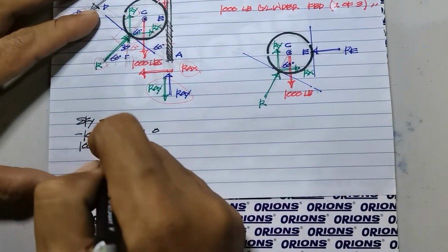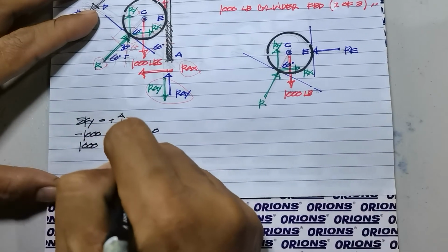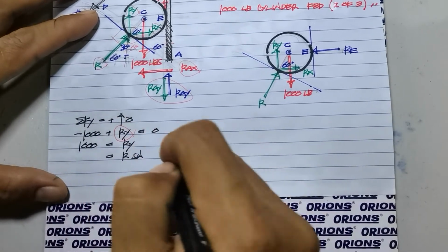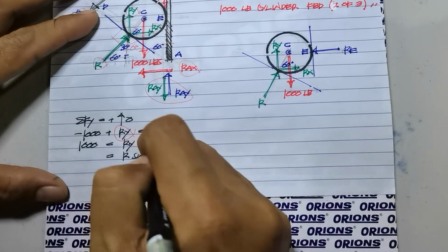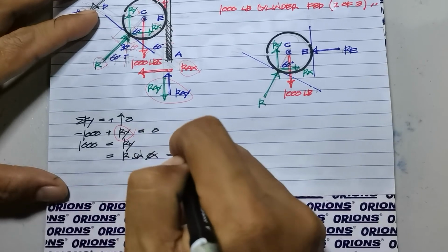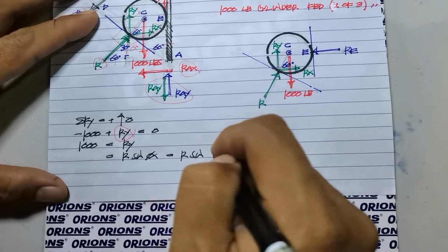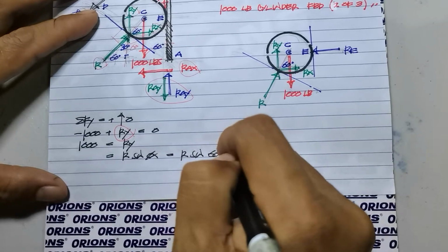Again, si Ry, pwede natin i-breakdown. So, R sine ng angle theta of x, which is R sine ng 60 degrees.